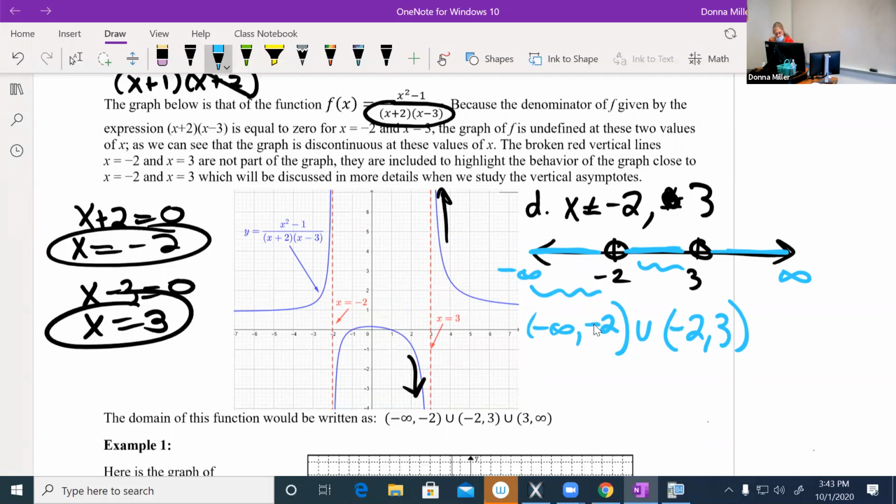Round bracket because we're excluding 3. Union from 3 to infinity. So that's how you're going to have to write that domain. My suggestion is to write it out in number lines so you can see how many intervals. Each one of those lines I colored is a different interval, so I've got 3 of them. All right? Is that all right?